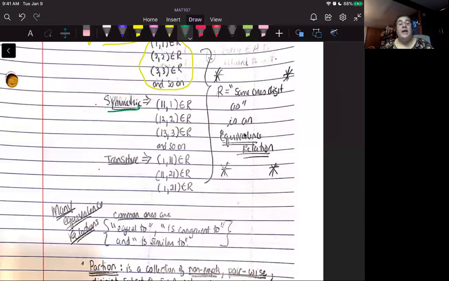And 2 would go to 12, but so would 12 go to 2. So here are examples where you have A goes to B, and later on in the Cartesian cross product, you have another element where they're flipped, and that would also still fulfill the parameter of the relationship. So it's definitely symmetric.